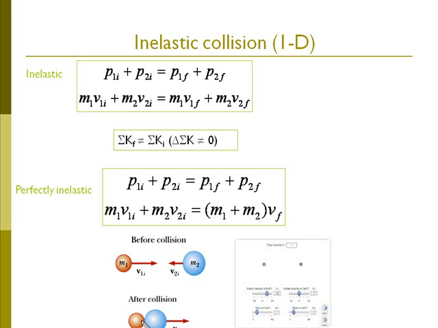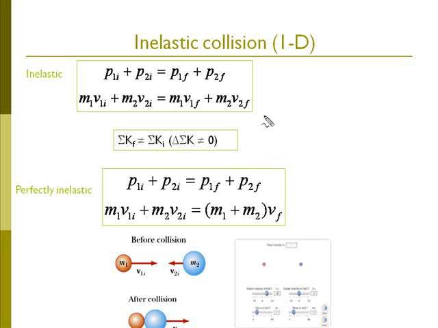There might be some deformation at the contact region, and all of these processes involve energy transfer out of the system into the environment, for example. And so with this type of collision, that loss in kinetic energy is what we detect when we consider the change in the kinetic energy of the system.